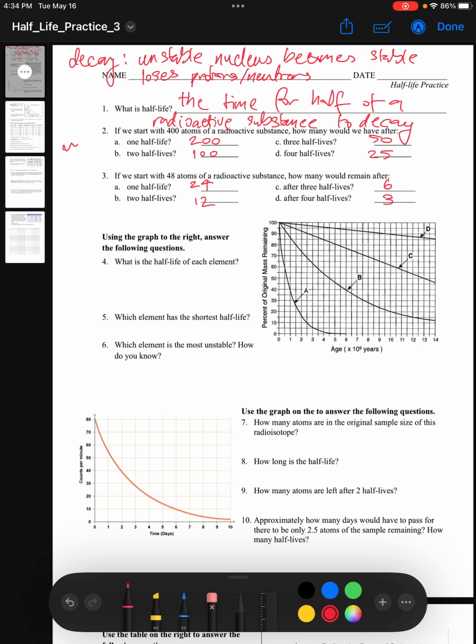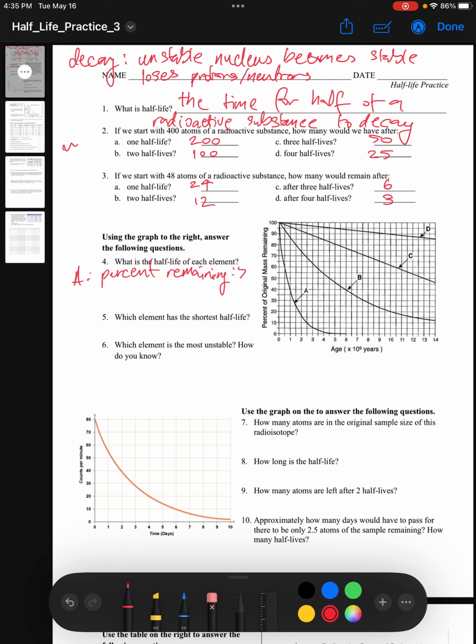Using the graph to the right, answer the following questions. Question 4. What is the half-life of each element? Well, let's start with element A. So when the percent remaining is 1/2, what percent is that?